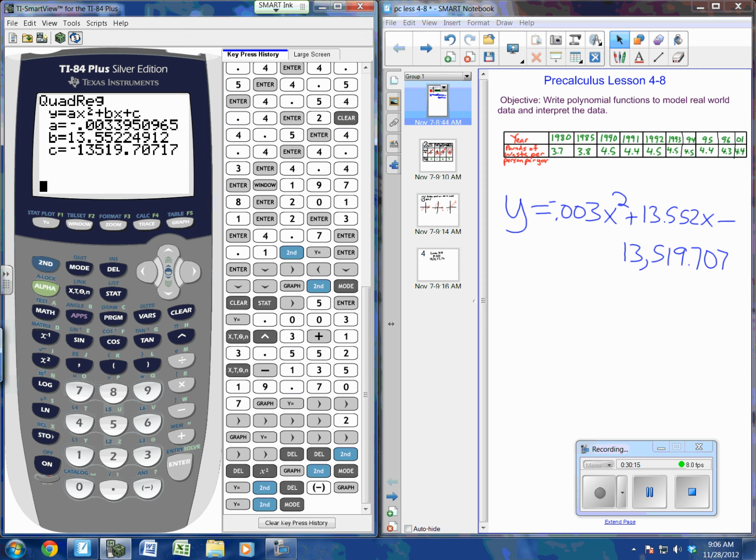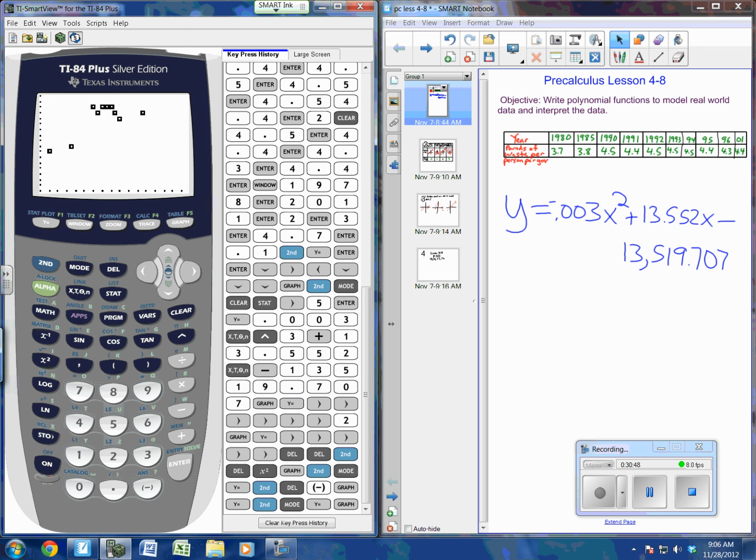Negative 0.003 plus 13.552 minus 13,519.707. I think everything's right. Go back to my y equals negative 0.003x squared plus 13.552x minus 13,519.707. Okay, we're going to try a different way.